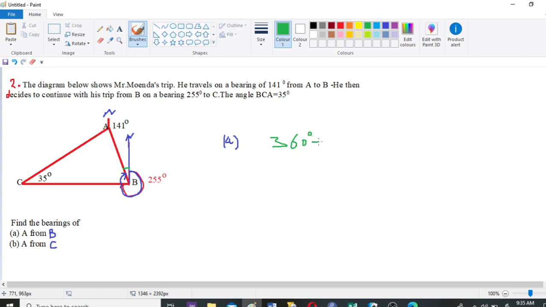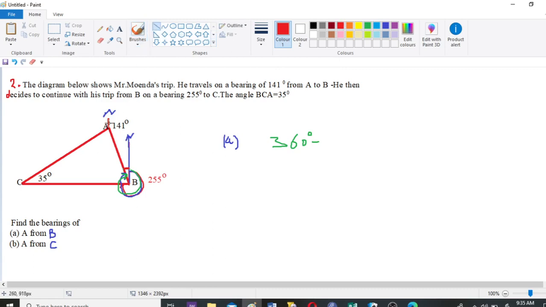So to find this other remaining space, which is a bigger one, this outer one, which is my bearing as well, I just need to find the size of this small angle here. And how am I going to do that?